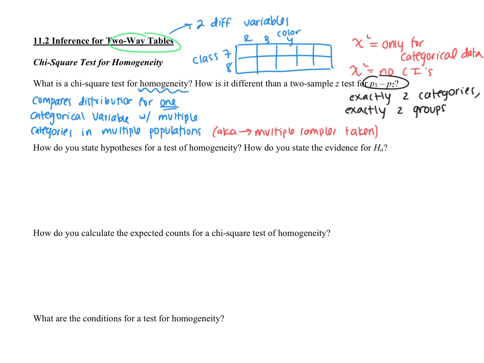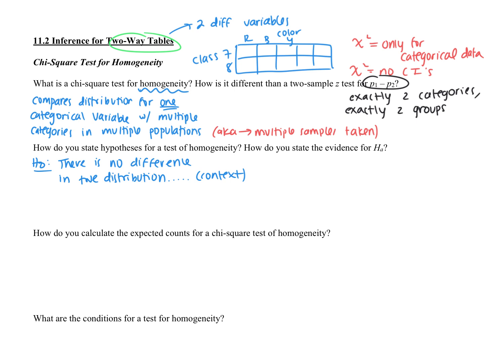So how we write that, for our null, we will say there is no difference in the true distribution, and give context. So the alternative then, there is a difference.